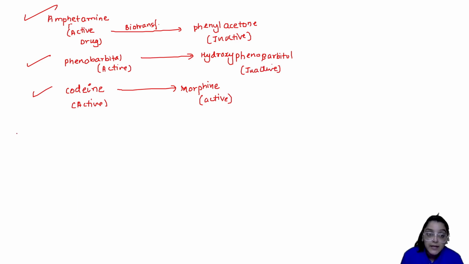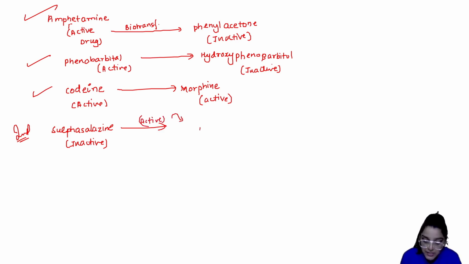Another important example is sulfasalazine. This is inactive. This could be a prodrug approach. This is converted into its active metabolites, which are 5-aminosalicylic acid plus sulfapyridine.